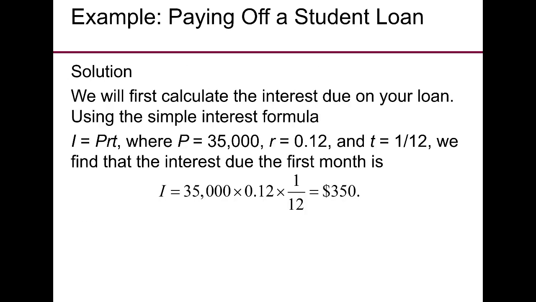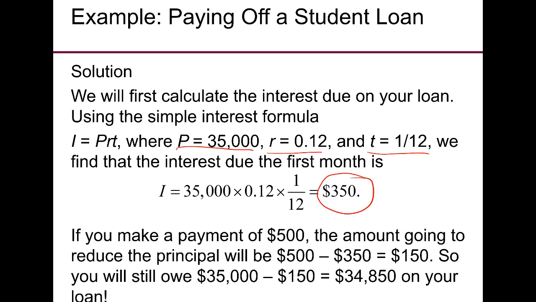All right, so let's calculate the interest using the simple interest formula. So the amount of our loan was $35,000. The interest rate was 12%, and this is 1/12, so 1 month. So for 1 month, the interest due is $350.